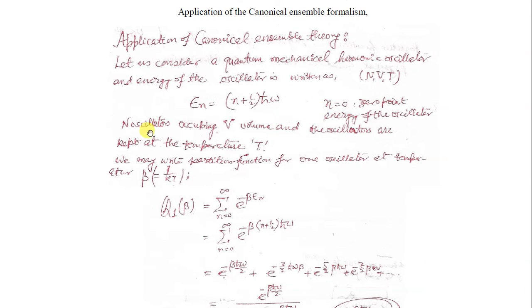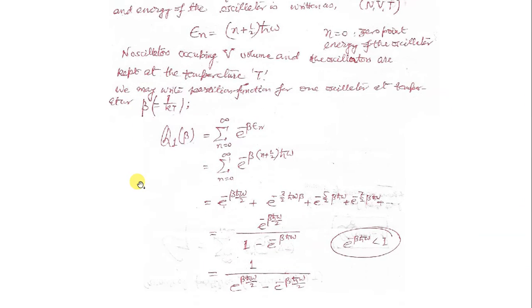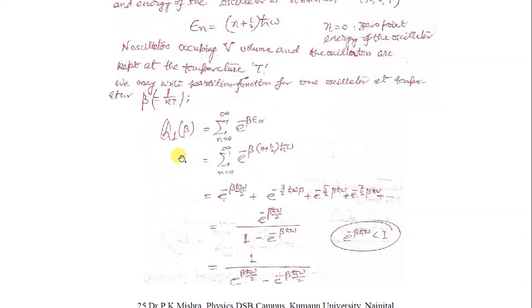So you have N number of such oscillators which are allowed to have energy varying according to this relation E_n, occupying volume say capital V, and these oscillators are kept in contact with a heat reservoir to maintain temperature, say capital T, fixed. So beta is inverse temperature. We have the partition function of a single oscillator Q1(beta), which is a function of temperature.